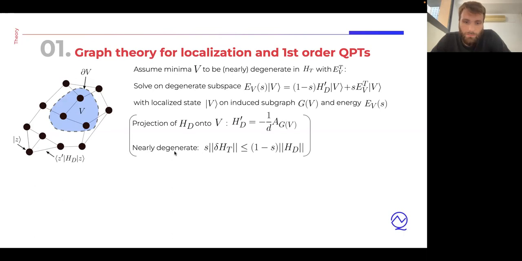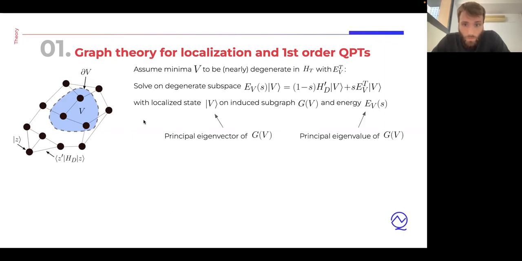And here's a condition that tells us what I mean by nearly degenerate, namely if the target Hamiltonian wasn't completely degenerate on this subspace but had small deviations, we assume that these deviations are relatively small compared to the impact of the driver Hamiltonian onto the energy eigenvalues.